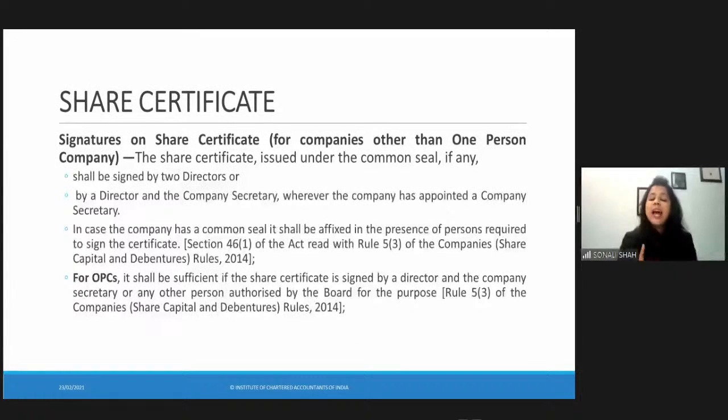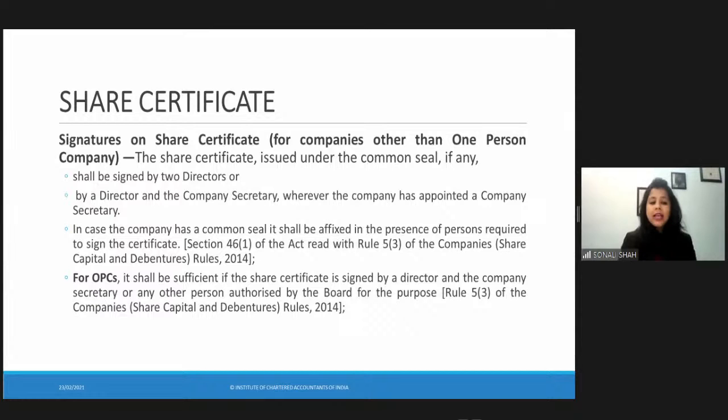Where the company has a common seal, it shall be affixed in the presence of the persons who are required to sign the certificate. So if the share certificate comes with the common seal, it will be affixed in the presence of 2 directors or the director and a company secretary, right?